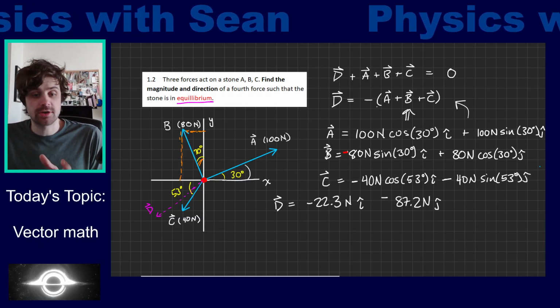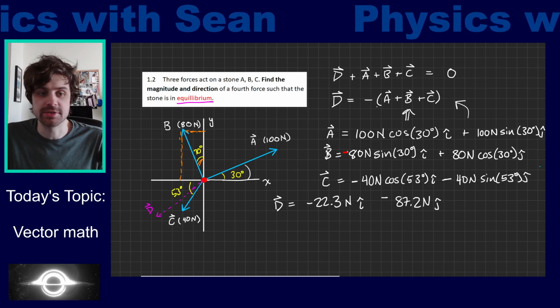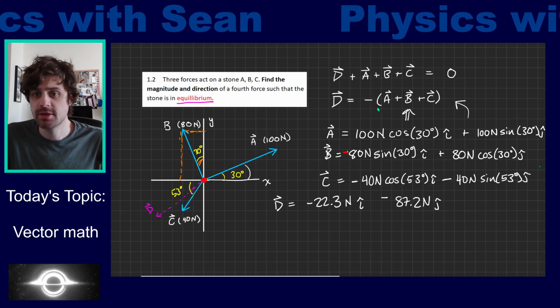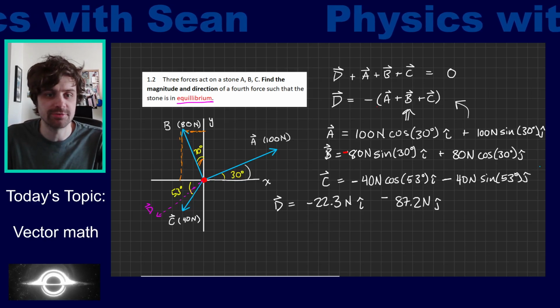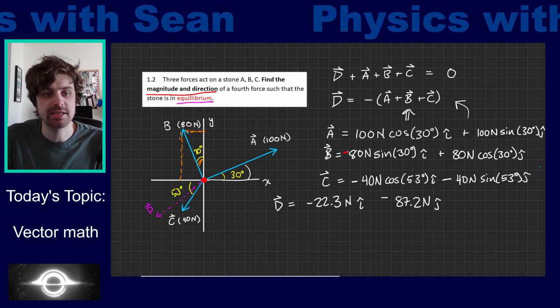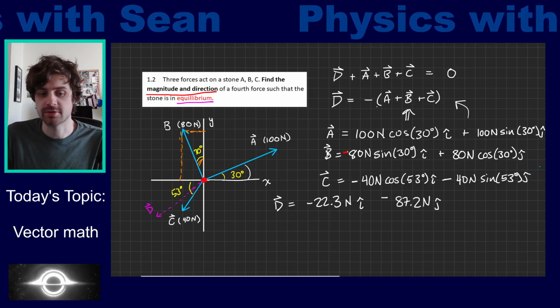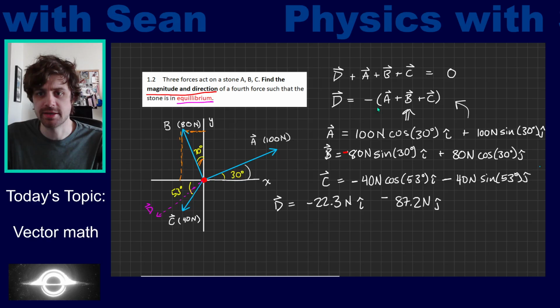So that's all well and good. That's our vector components for vector D. So we're really close to what we want to actually solve for. The problem asks us for the magnitude and direction, though, of vector D. I'm going to do that here.